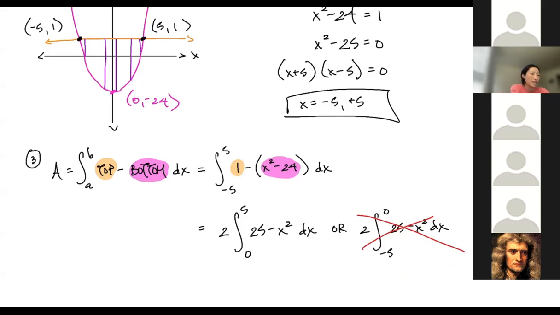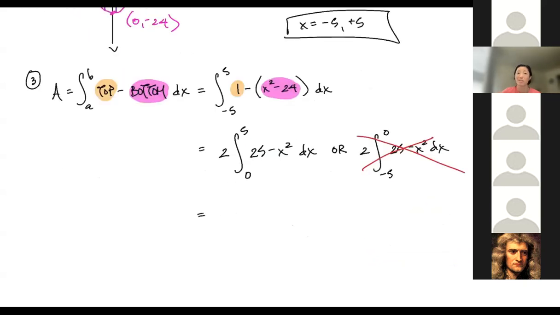All right, so now the hard part is over. Now we just rinse and repeat. So 2, let's see, integral of 25 was 25x. Integral of x squared is x cubed over 3. We're going to plug in 5. We're going to plug in 0.